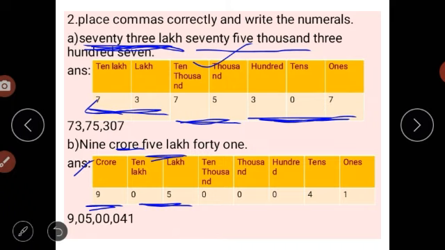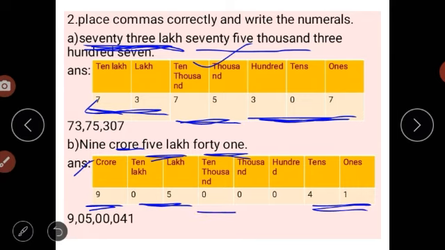If in the place of 5 lakh we had 10 lakh or 15 lakh, then here we could write 1 or 2. But here the value is just 5 lakh only. That's why in the value of 10 lakh, what are we writing here? 0. After that we are writing 5 because here it is 5 lakhs only. Next is 41. So 41 belongs to tens and ones.